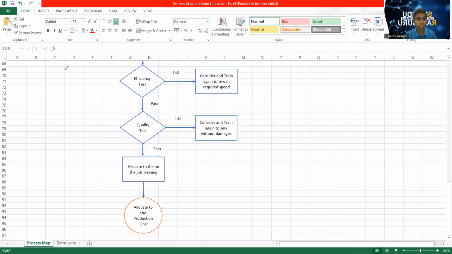Okay, this is called the delay symbol. We can put it in here like that. Then we can write down inside the delay symbol what is the expected time, maybe 5 minutes, as an example. So this is called the delay symbol. If you want to mention the time anywhere, we can put that delay symbol also.